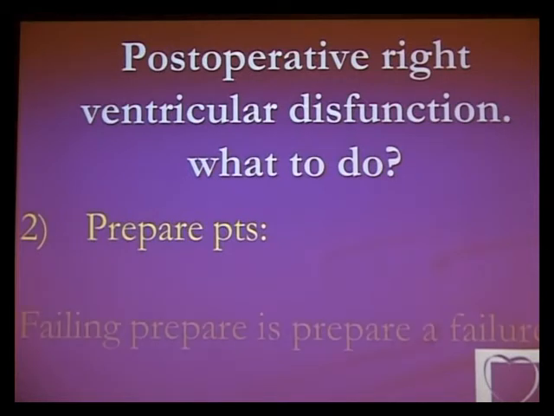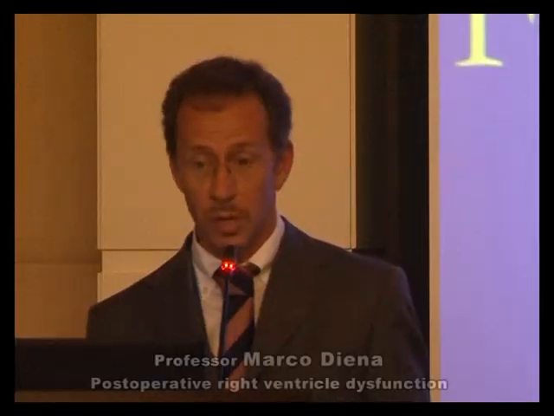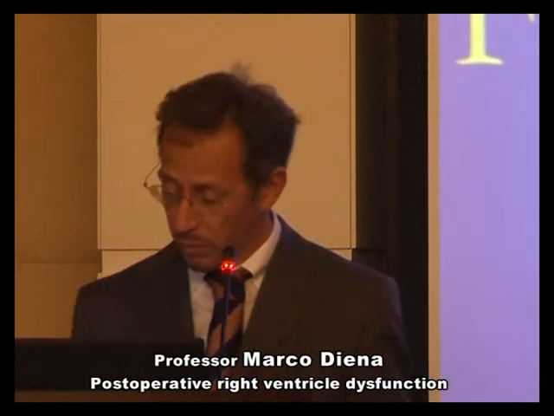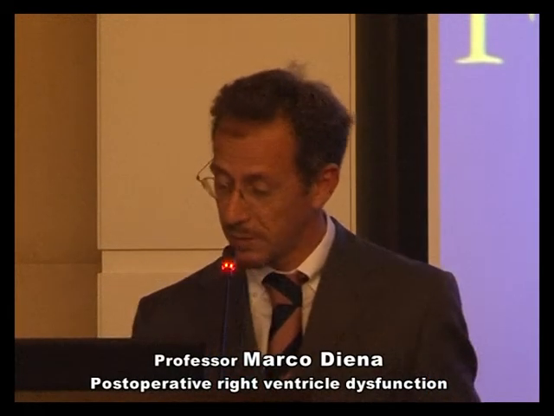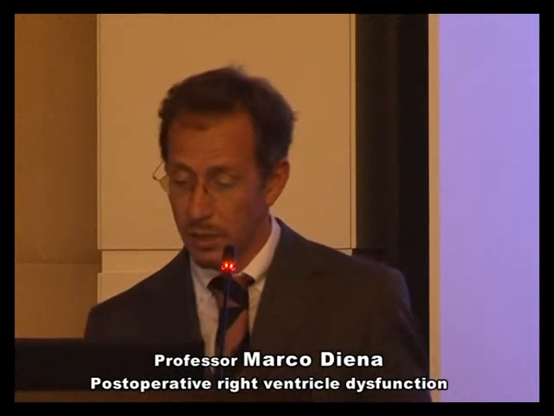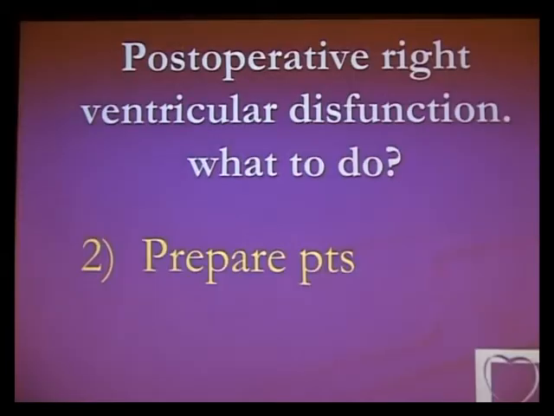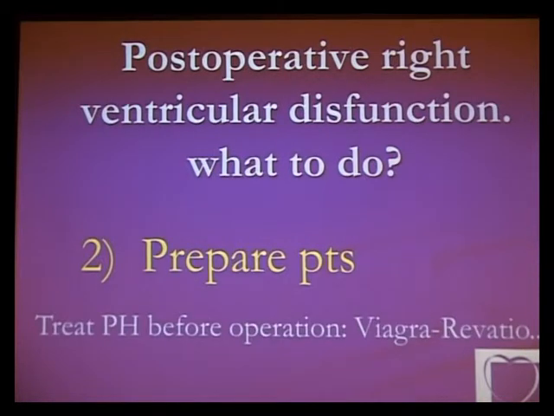Second, prepare the patients. Failing to prepare a patient with pulmonary hypertension for the operation means preparing a failure of the operation and so failure of the patient. And this was a lecture that Dr. Cherin gave us, on preparing patients with pulmonary hypertension with drugs, mainly the phosphodiesterase 5 drugs like sildenafil or Revatio.